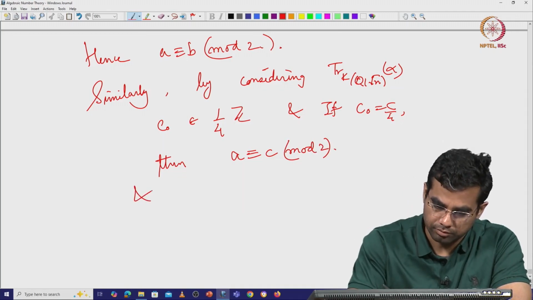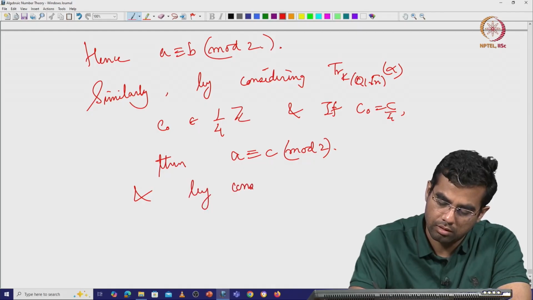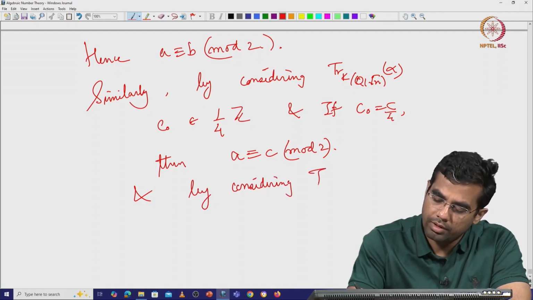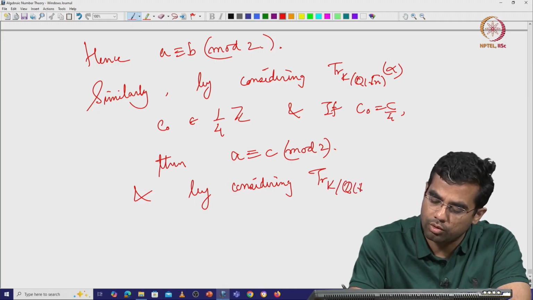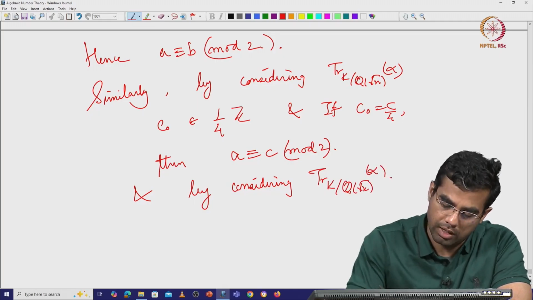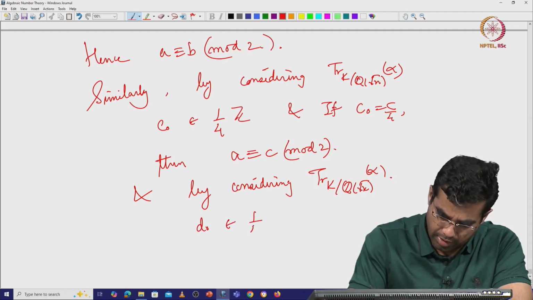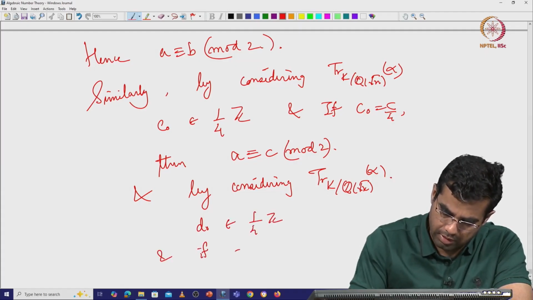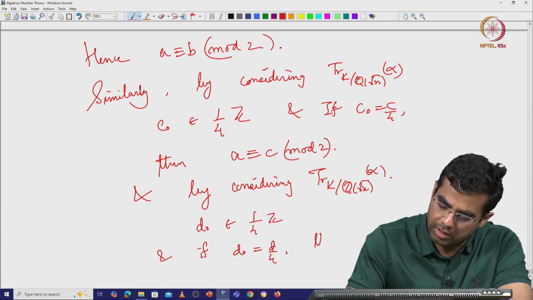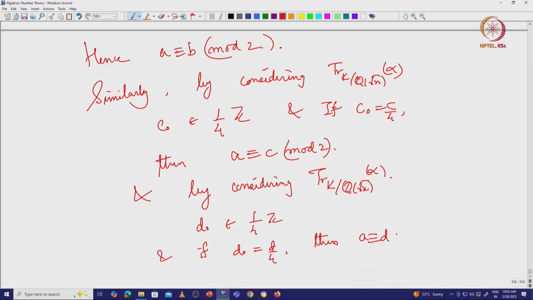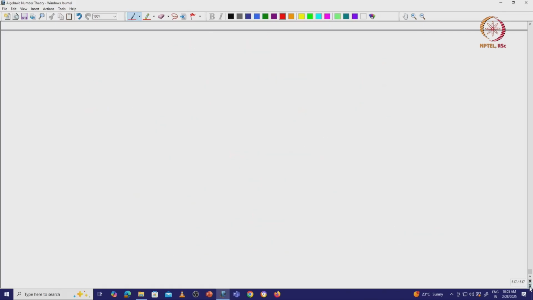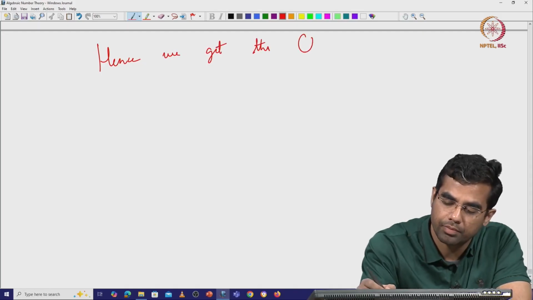And by considering the trace from K to Q(√k) of alpha, we get d0 in (1/4)Z, and if d0 is d/4, then a is congruent to d mod 2. So we have proved the claim. Hence we get the claim that we made.